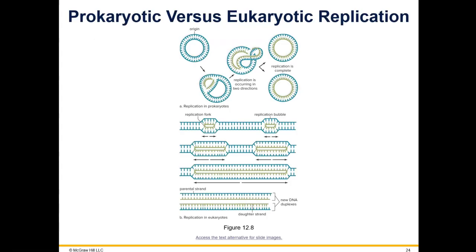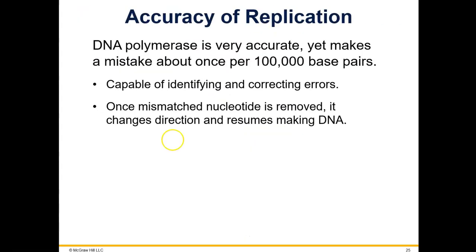Okay, as far as the accuracy of replication, DNA polymerase is very accurate, but it still makes mistakes. These are questions that are in your homework, and so they might be on the exam. The mistakes made during replication are about one mistake for every 100,000 base pairs. However, DNA polymerase comes in and can identify and correct most of those errors.